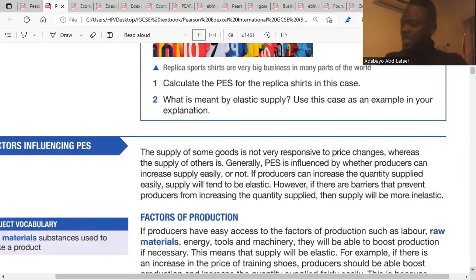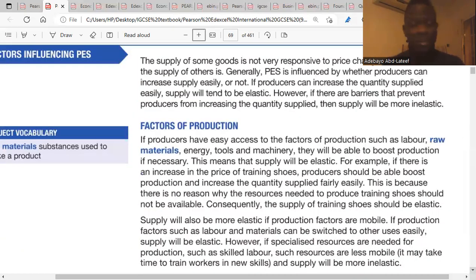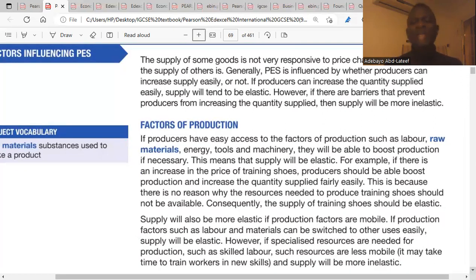the factors influencing PES. When we talk about the factors that influence price elasticity of supply, the first one is factors of production. For the factors of production, we're talking about land, labor, and capital.